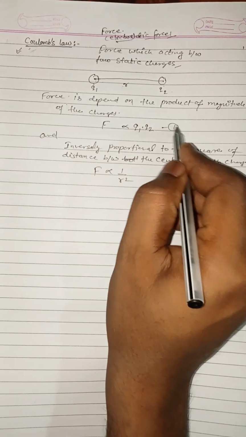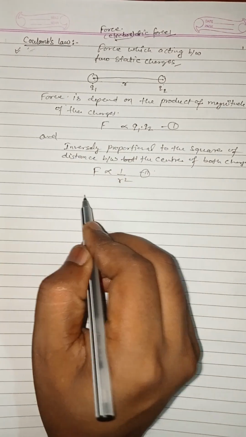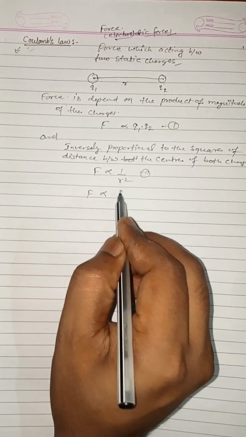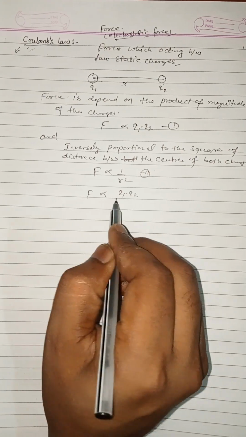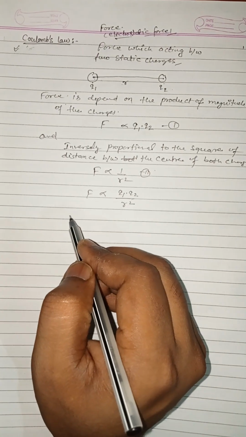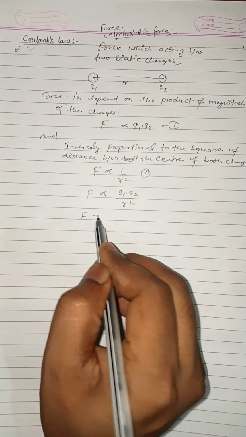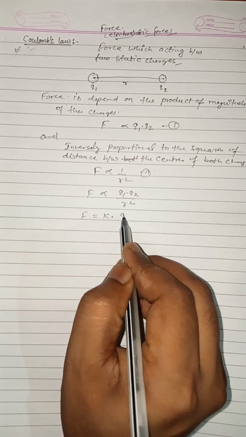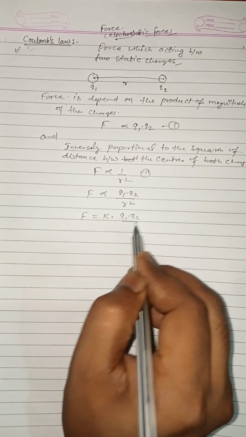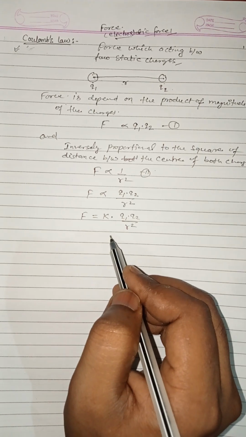Now when we combine both the equations, we get F proportional to Q1 Q2 upon r square. And when this proportionality sign is removed, we get K Q1 Q2 upon r square.